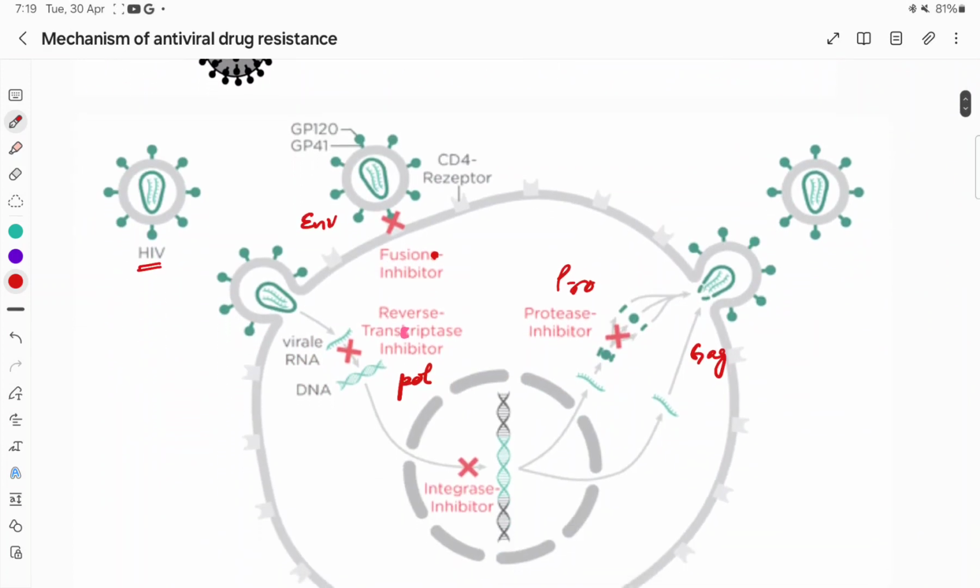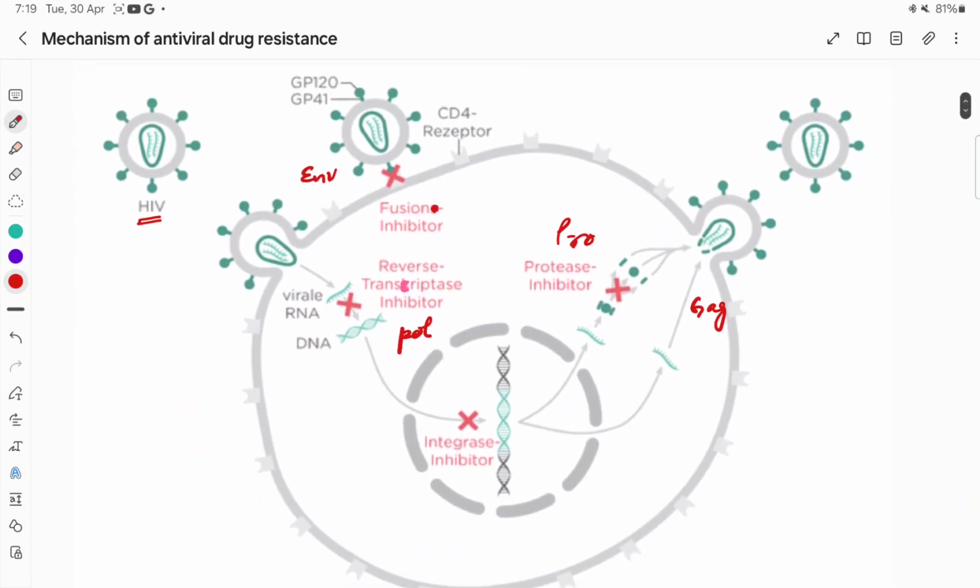In case of HIV, here is the structure of the HIV, and you can see on the envelope there are glycoproteins, glycoprotein 41, above it glycoprotein 120, and on the host cell there are two types of receptors.